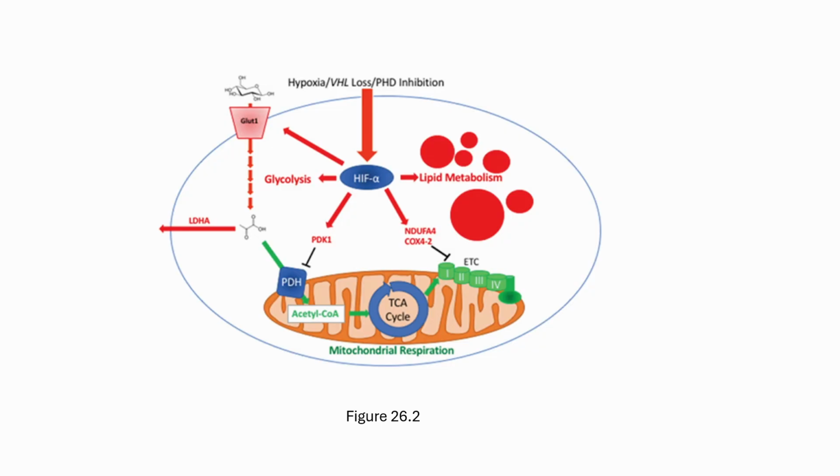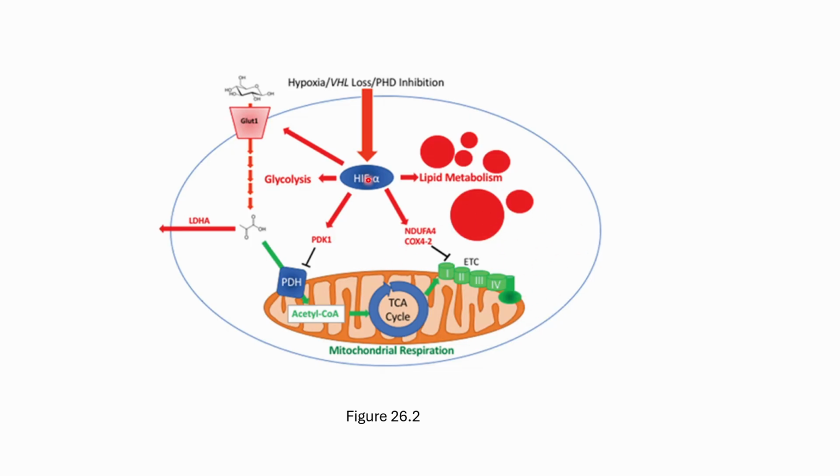So this is figure 26.2 from the textbook, and this is a summary figure based on my previous slide. HIF-1 alpha affects lipid metabolism, and it affects the oxidative pathway, the electron transport chain. It's going to affect the oxidative pathway of cellular metabolism.